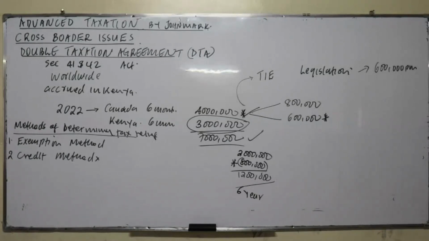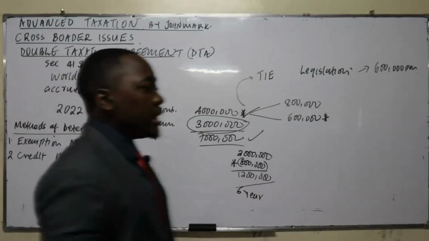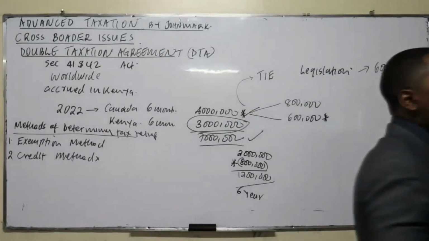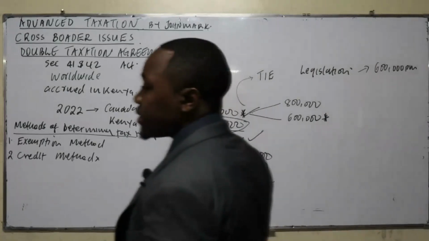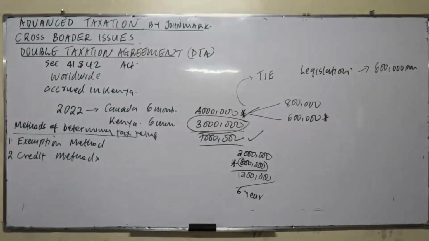Another one, increased trade between two countries. It does not only apply to employment income, also sometimes to goods. For example, if we export goods, do we charge some tax? Take VAT: if you import, you pay VAT, right?